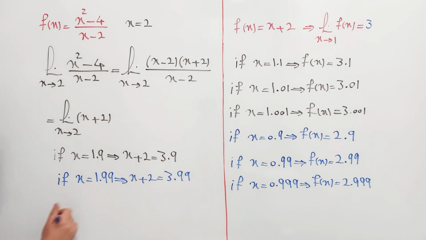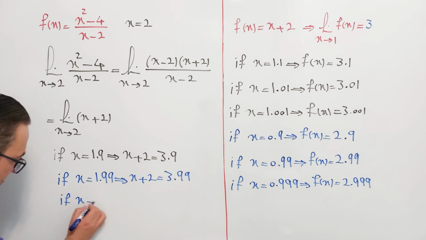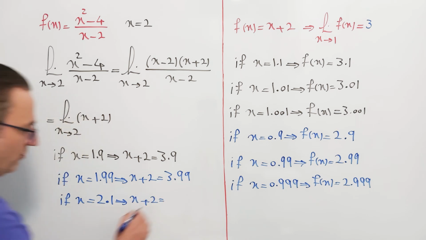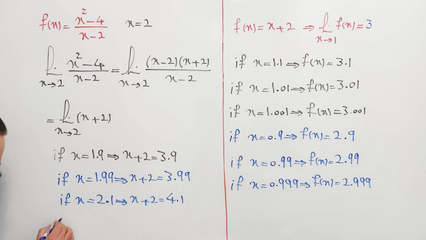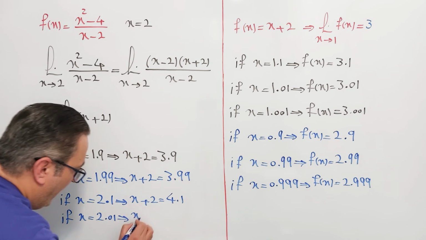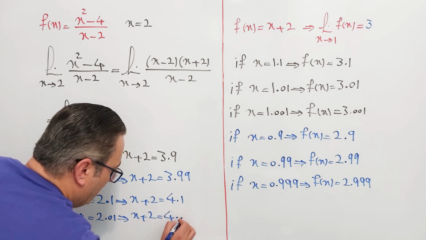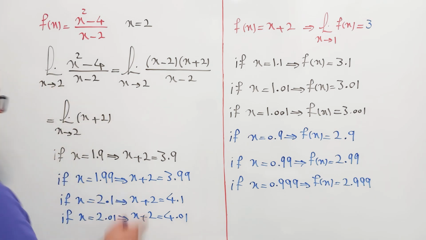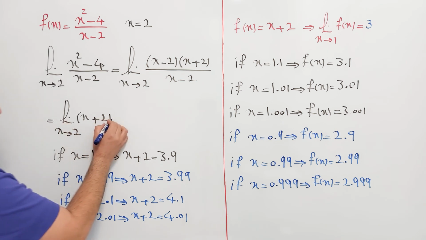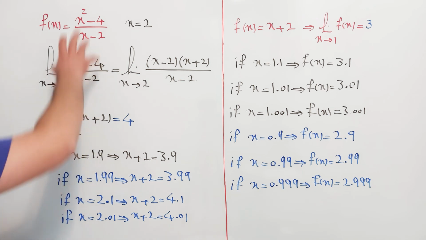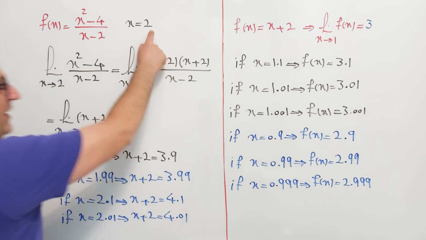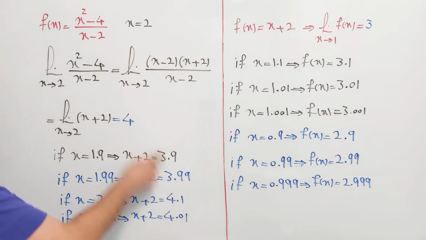And from the other side, if x = 2.1, then x + 2 = 4.1, and if x = 2.01, then x + 2 = 4.01. So the limit of x + 2 as x approaches 2 is equal to 4. Even though the function is not defined at x = 2, the values around it approach 4.